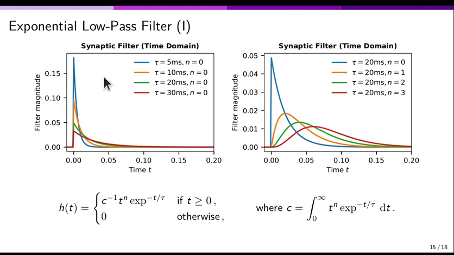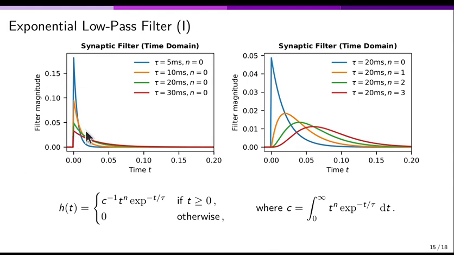We've got one variable, which is our neurotransmitter time constant. Again, as before, we're going to put a scaling factor out front to make sure that the integral of this is 1. That's just making sure that our filter is not changing the magnitude of anything.